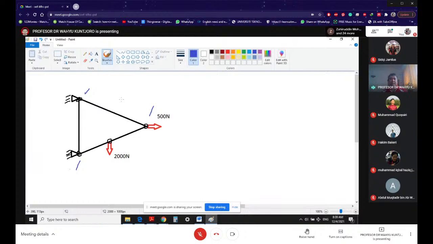Okay, so more or less, based on our general rules of where you must put a node, you have identified all the nodes that you need to have. And then you need to put a numbering on each node. So this is going to be number 1. This is number 2.